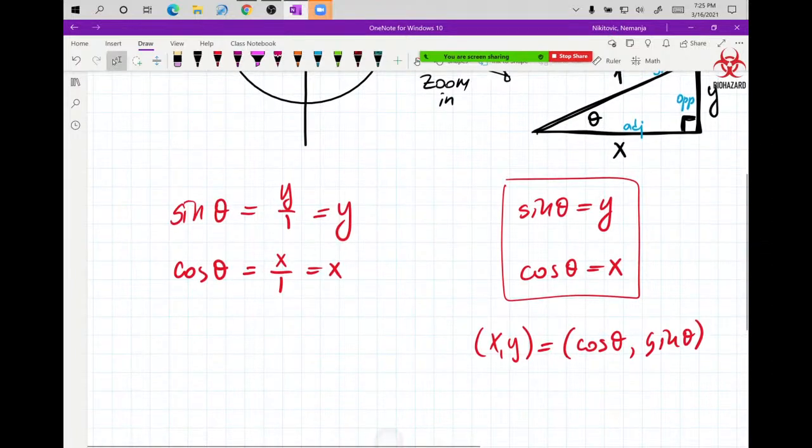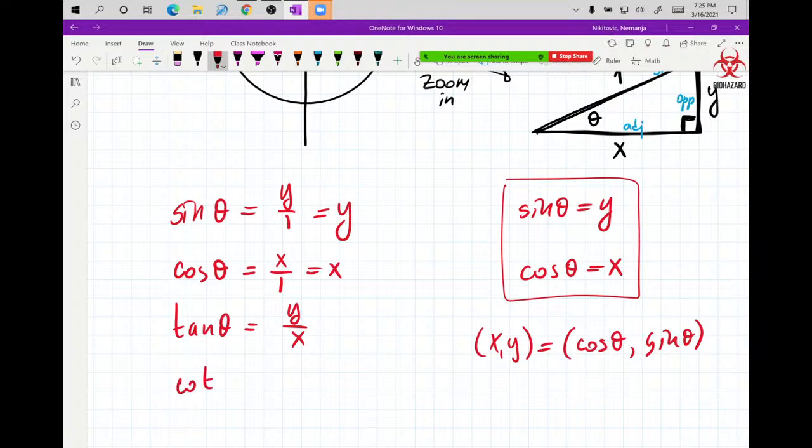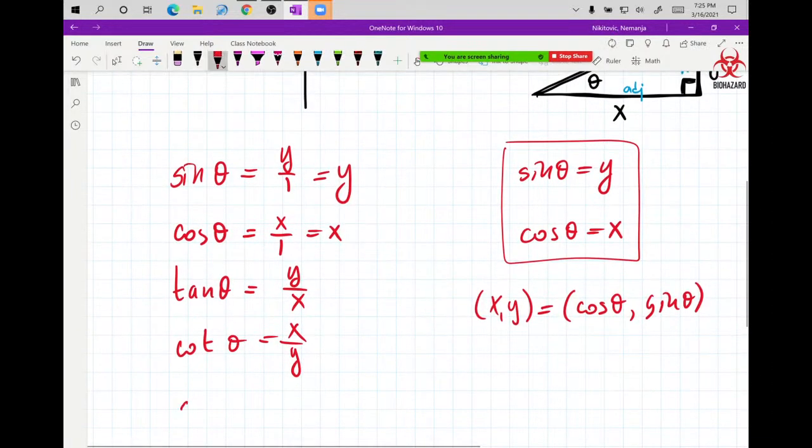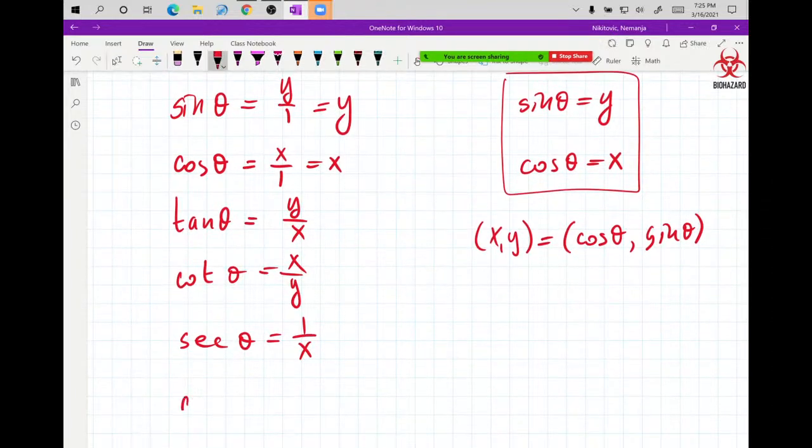Now we also have tangent theta, which is y over x, cotangent theta, which is x over y because it's a flip, secant theta, which is the flip of cosine, that's 1 over x, and finally cosecant theta, which is 1 over y, which is the flip of sine.